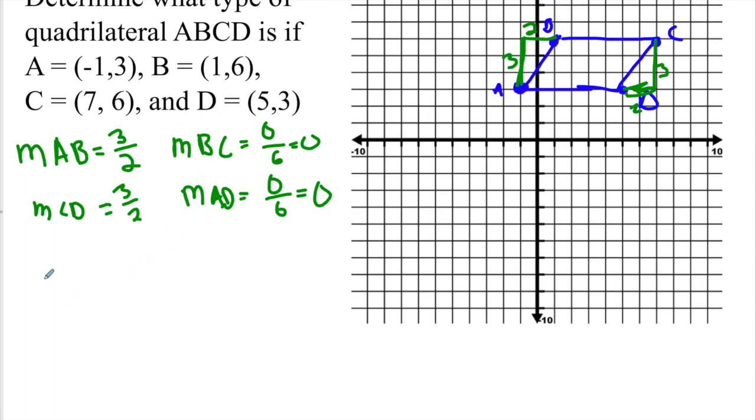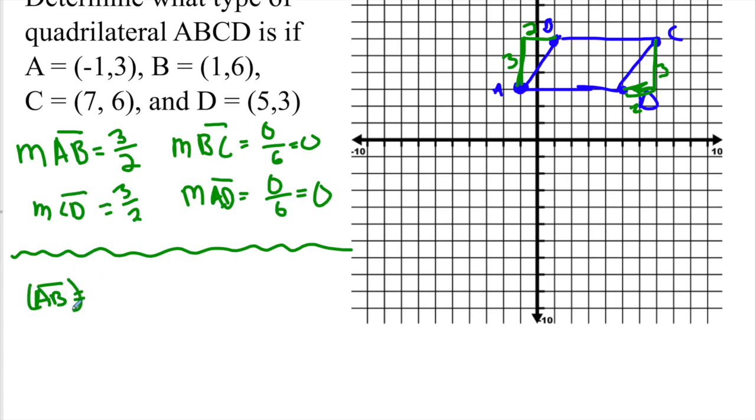Now what I want to know is the distances. Okay? So the distance from A to B. And you really should put these lines over to indicate that they're line segments. This is like measurement. It is equal to, we need to use the Pythagorean theorem. So notice, this is a right triangle.